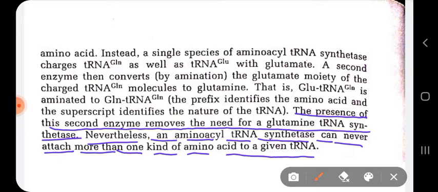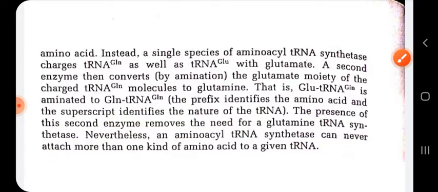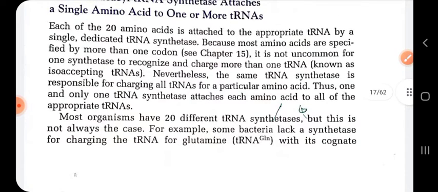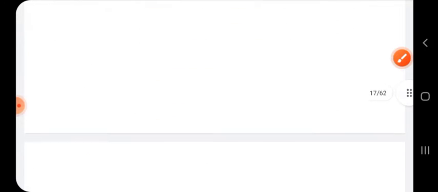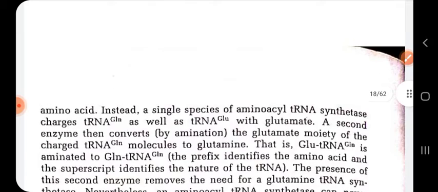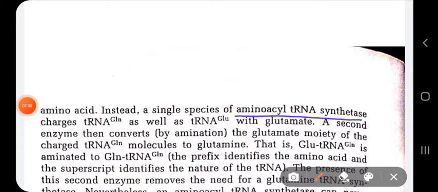So here we have seen that although some bacteria lack the tRNA synthetase for charging tRNA with glutamine, there is an amino acyl tRNA synthetase which charges tRNA with glutamate, but that is not specific.